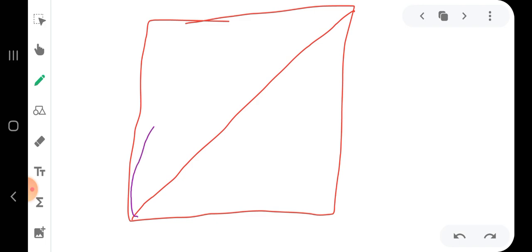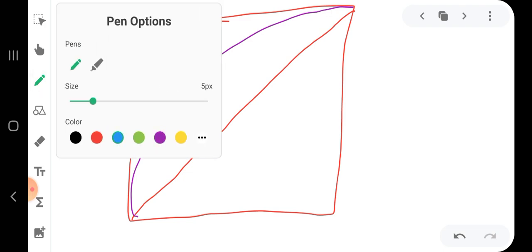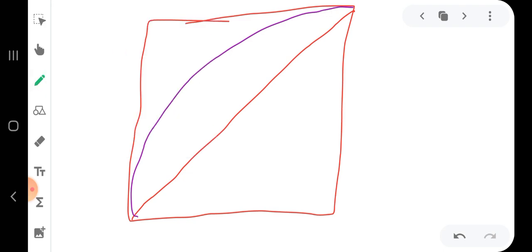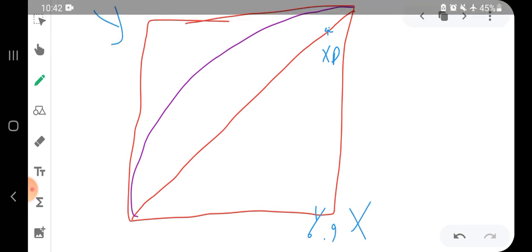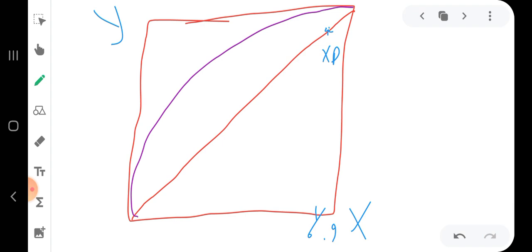Suppose you have an equilibrium curve like this, and then the first step is to determine where your XD is. For example, if your XD is here, just write here, this is XD, for example 0.9. Of course this is X and this is Y.